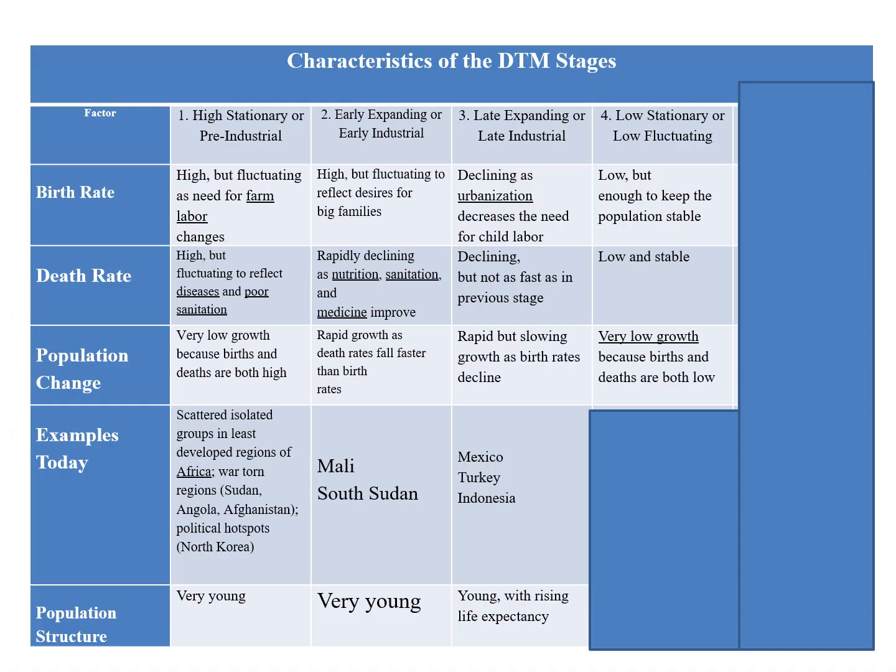So both stage 1 and stage 4 have very low growth for very different reasons. Stage 1 population isn't growing, but it's because the death rate is so high. Stage 4, the population isn't growing because people are having very few births and very few deaths. So the examples of a stage 4 country are kind of our more developed countries like the United States, like most of the Western European countries, and also China today.